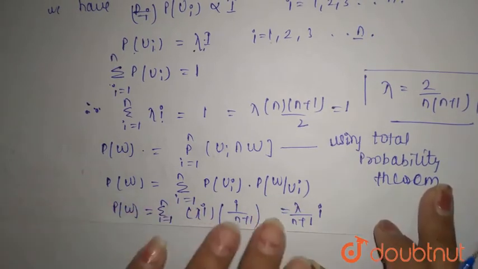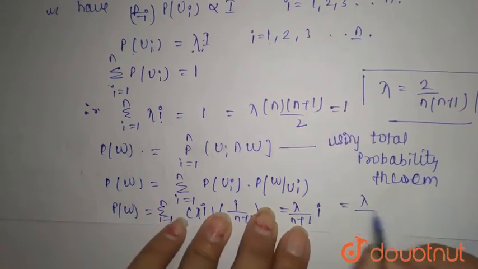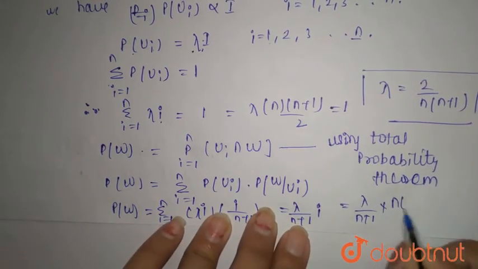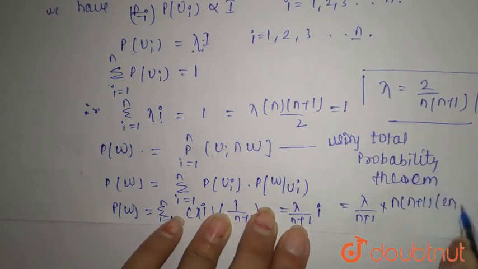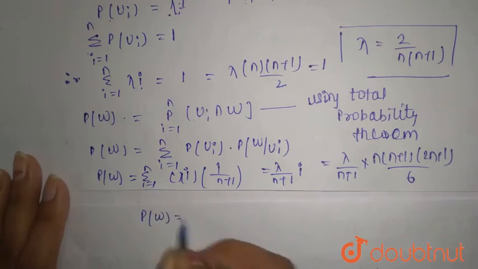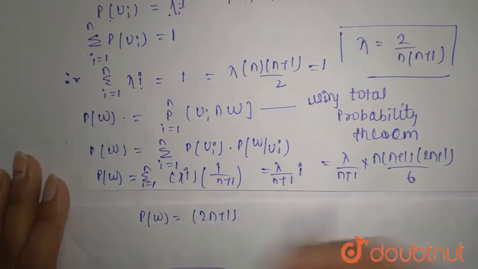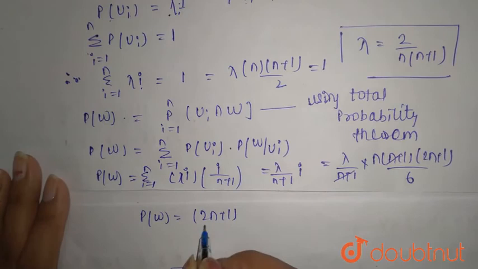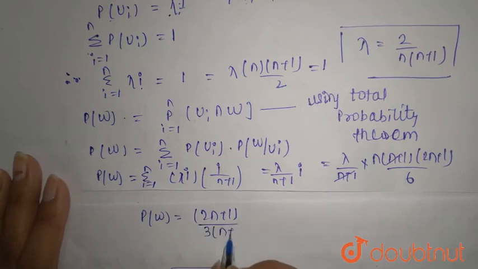Putting the value here, this will be lambda times n plus 1 into n plus 1 into 2n plus 1 by 6. So P of W is equal to 2n plus 1 divided by 3 into n plus 1, because n plus 1 is cancelled.